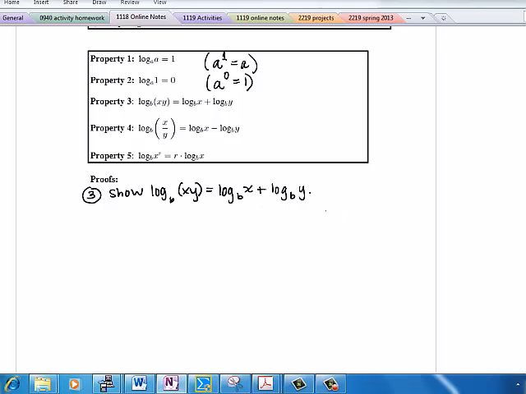So what we're going to do is put some letters on these expressions. Let's use s and t maybe. Let s be the log base b of x, and let t be the log base b of y.